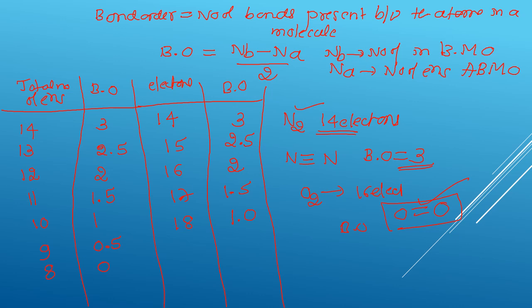If it is 19, the bond order is 0.5. If it is 20, the bond order is 0. So by using this, you can definitely crack the questions on this topic, that is on bond order. Is it clear?